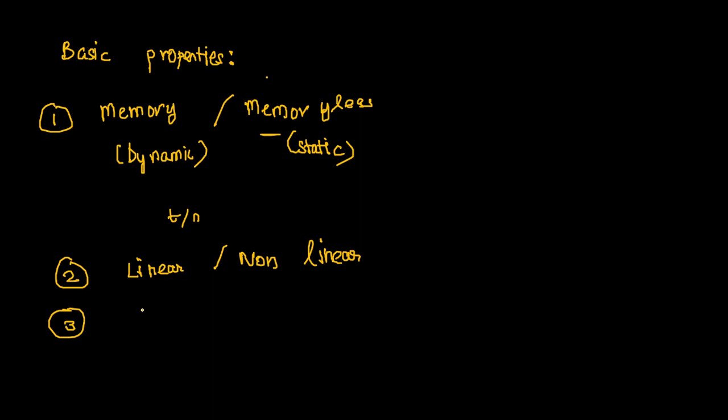So the third one is time variant or invariant. So what this property tells us is whether the delay which you put in the input is the same as the delay that you get in the output. The fourth one is causal or non-causal.